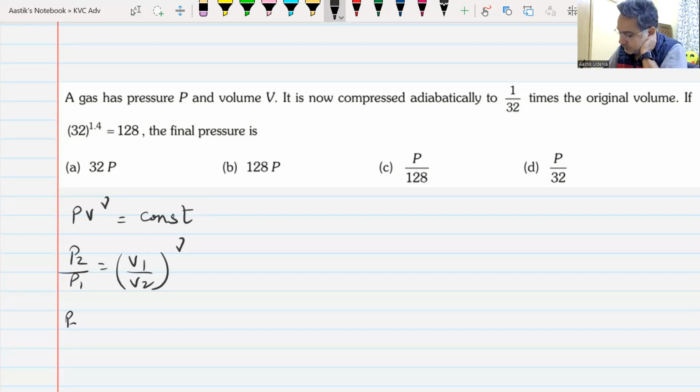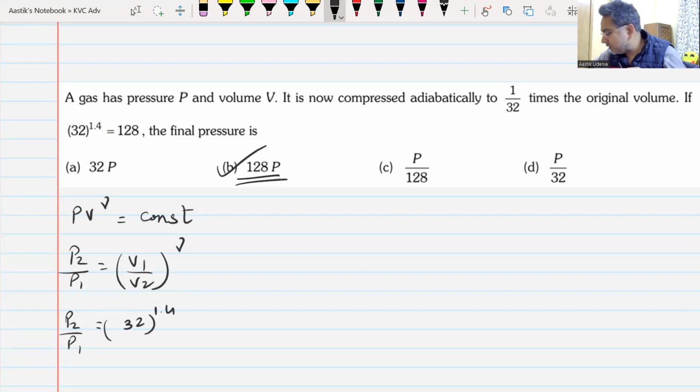So P2 by P1 will be equal to V1 by V2, which is 32, raised to the power of gamma. Gamma is not given. Let us take gamma as 1.4. If gamma is 1.4, then the answer would be B. Only thing, sir, the gamma value is not given. So I hope that is a misprint somewhere.